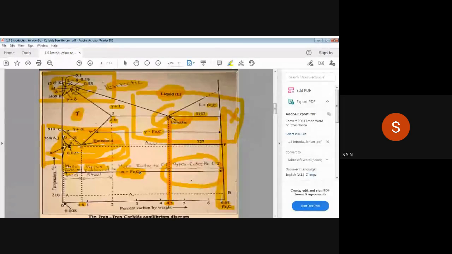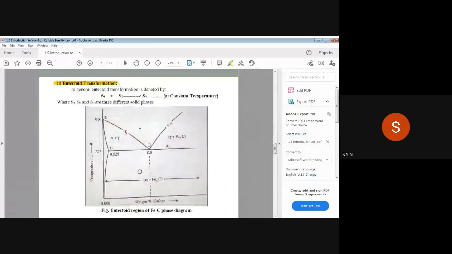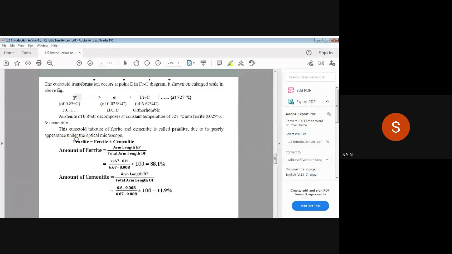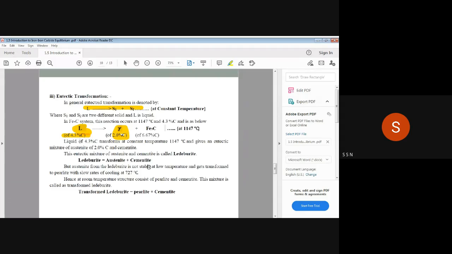So that alpha plus Fe3C we have already seen, that means ferrite plus cementite, we can also call it a perlite. So perlite can also be one solid phase present there.